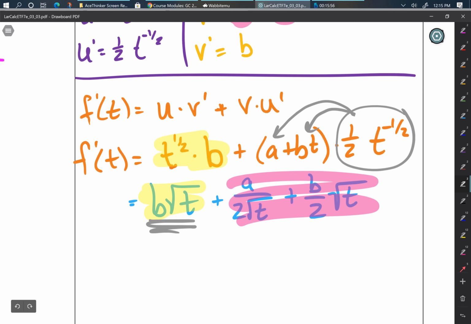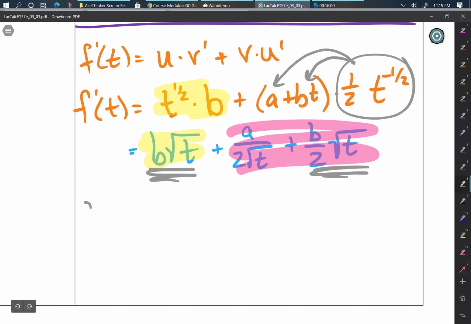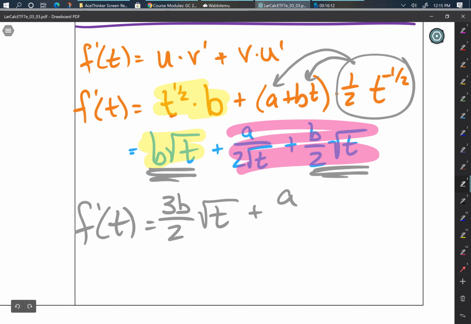But now I've got two like terms. This is b root t, and this is b over 2 root t. So I need to combine those, and so I get that f prime of t is equal to 3b over 2 root t plus a over 2 root t. And there's my derivative.